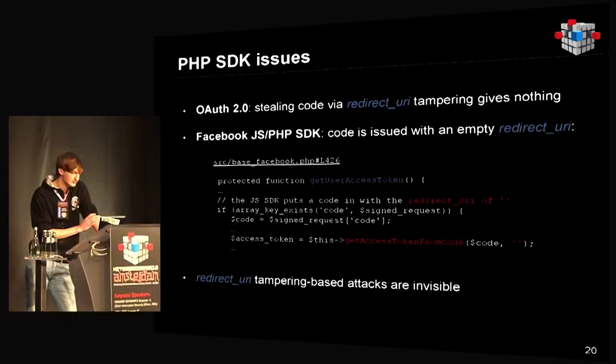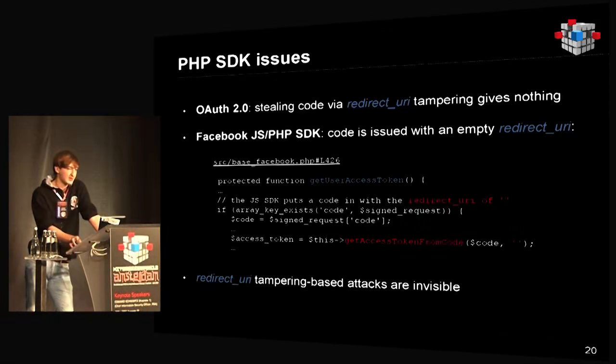So looking into the PHP SDK code, what we can see is that the code is issued with an empty redirect URI. The standard OAuth 2.0 says that stealing the code via redirect URI tampering gives nothing.